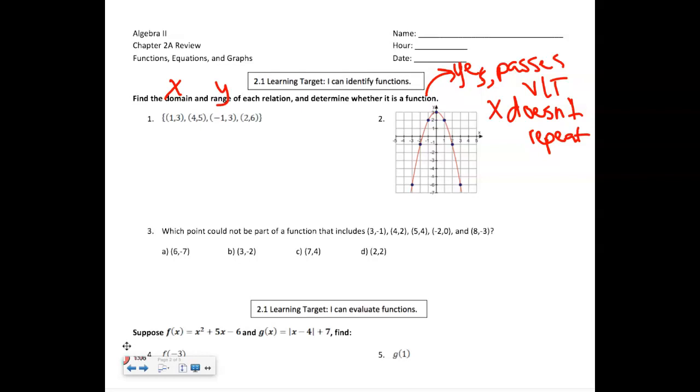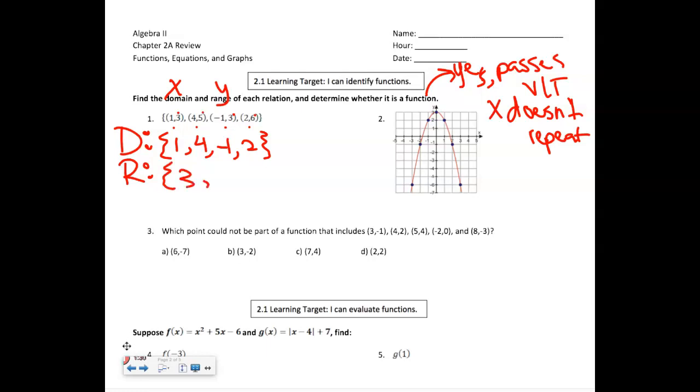Okay, all right, so on this first one, I'm going to list all my domains. Reminder, when you're listing domain and range, don't list me any repeats. So I'm looking at domains, I'm looking at all of my x's here. I see there's no repeats, so I'm just going to bring all of those down. My range, on the other hand, when I look at all my y's, I see this 3 pops up twice, so I'm only going to write the 3 once.